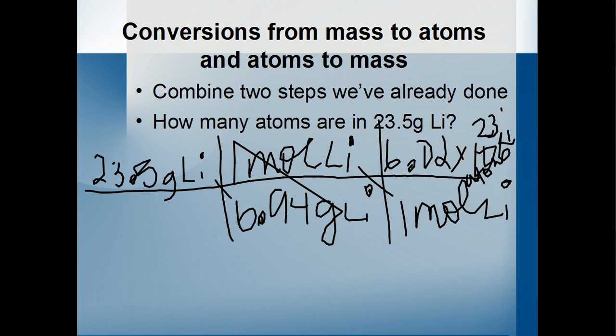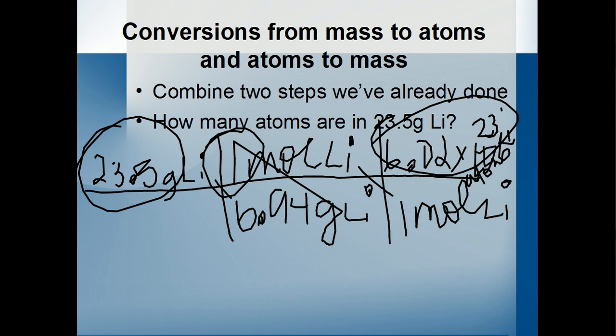Okay, so how do we calculate this? I'm going to say everything I'm doing, whether or not I need to do it. So, 23.5 times the 1 times this whole thing, 6.02 times 10 to the 23rd, divided by 6.94 divided by 1. Realize the ones you don't actually have to do.